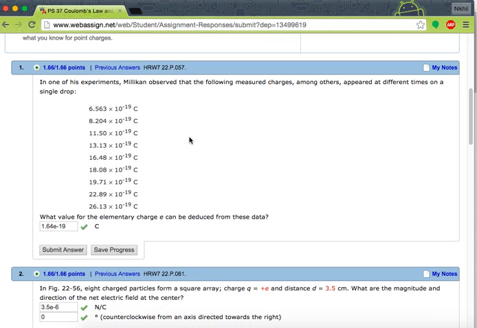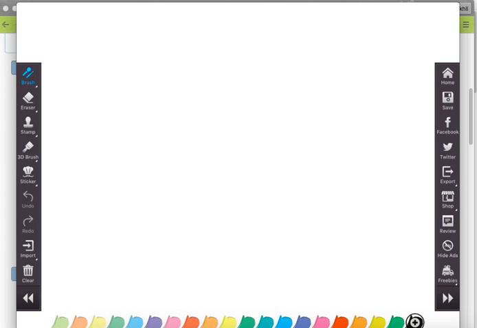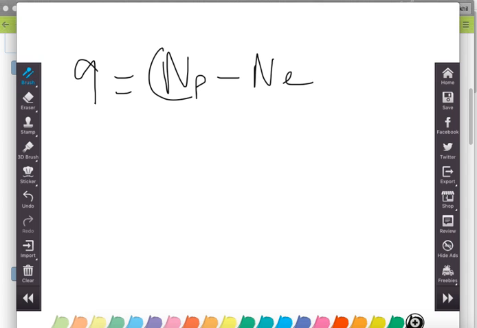Well, here's the thing. We know from the formula in the textbook that the charge of anything is equal to the number of protons minus the number of electrons, times the fundamental charge. So what does this mean?